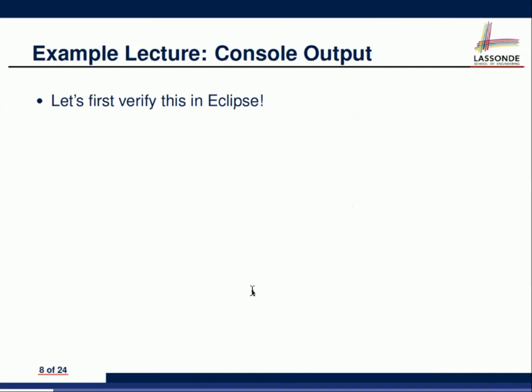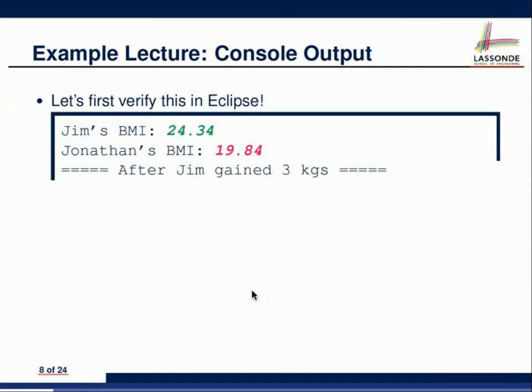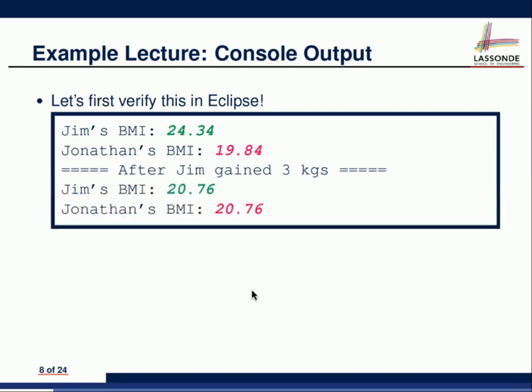I already copied the numbers over to the slides. These 2 numbers before Jim gained 3 kilograms, I can tell you that they're correct. They correctly applied the formula, and we got 24.34 and 19.84. However, after Jim has gained 3 kilograms, we got these 2 numbers. Somehow, I claim it contradicts with our intuition.